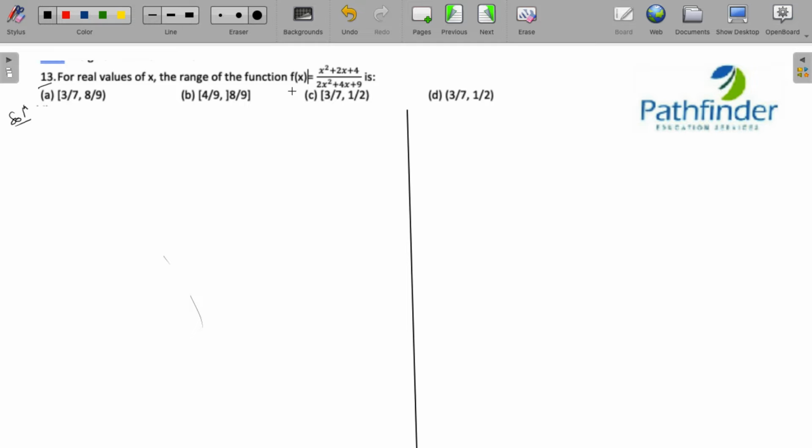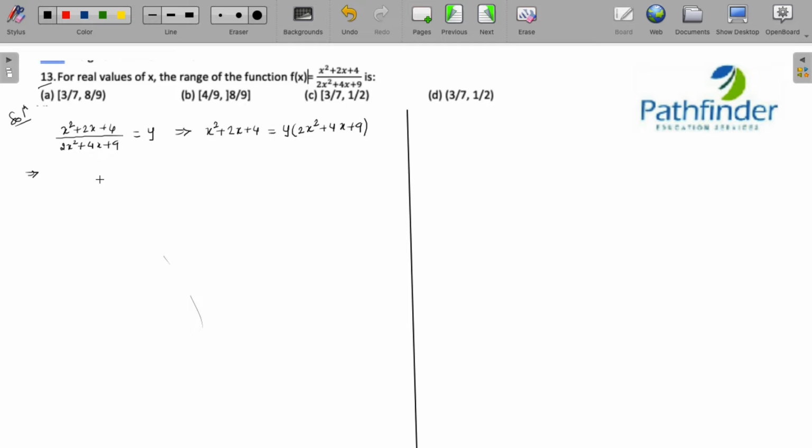So in order to solve this question, because x has real values, I can say (x square plus 2x plus 4) upon (2x square plus 4x plus 9). Let us say this is equal to y. So what do you get? You get x square plus 2x plus 4 is equal to y multiplied by (2x square plus 4x plus 9).